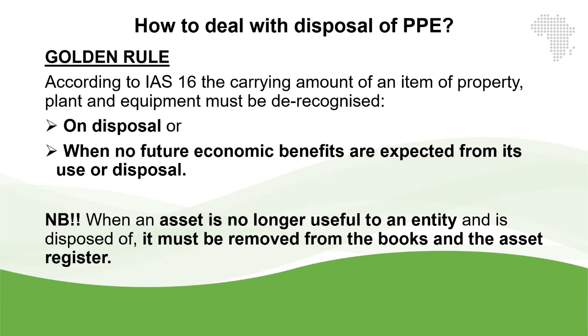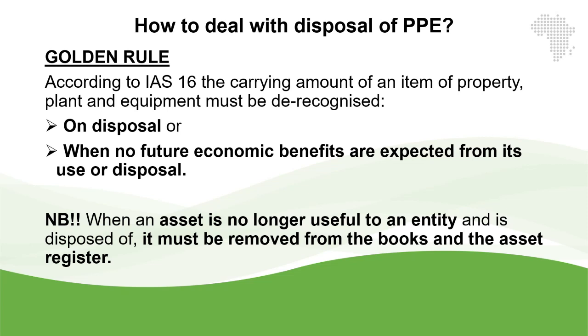So when we talk about disposal, we are getting rid of the asset. It's either we are selling it or we are scrapping it, if we have no use of it anymore. What is our golden rule then in terms of IAS 16, which is our International Accounting Standard 16? It tells us that the carrying amount of an item of property, plant and equipment must be derecognized on disposal.